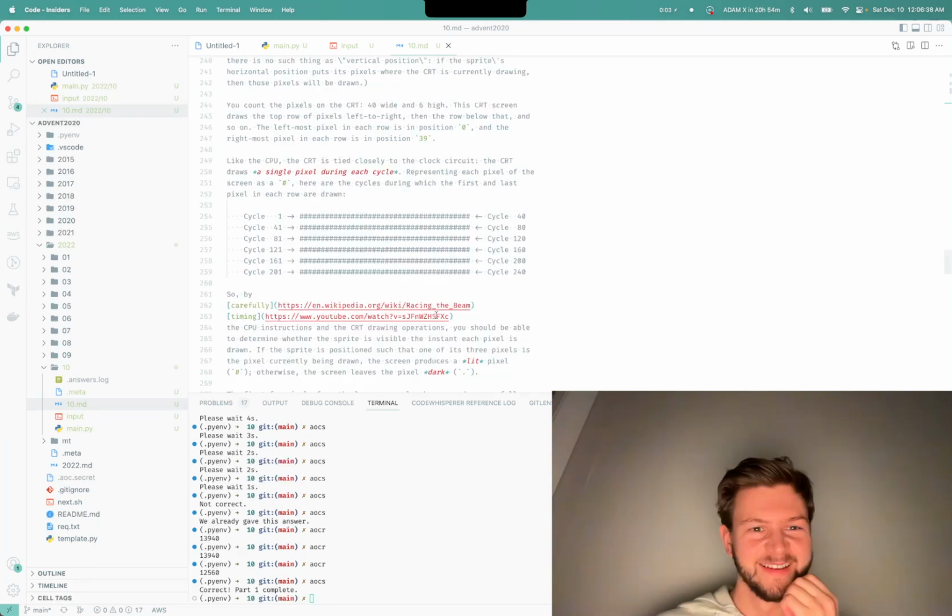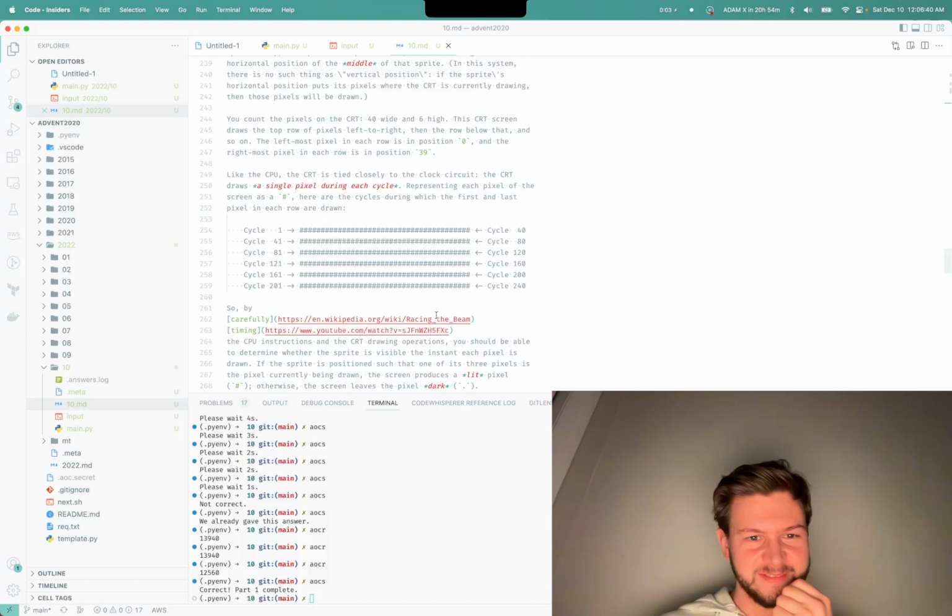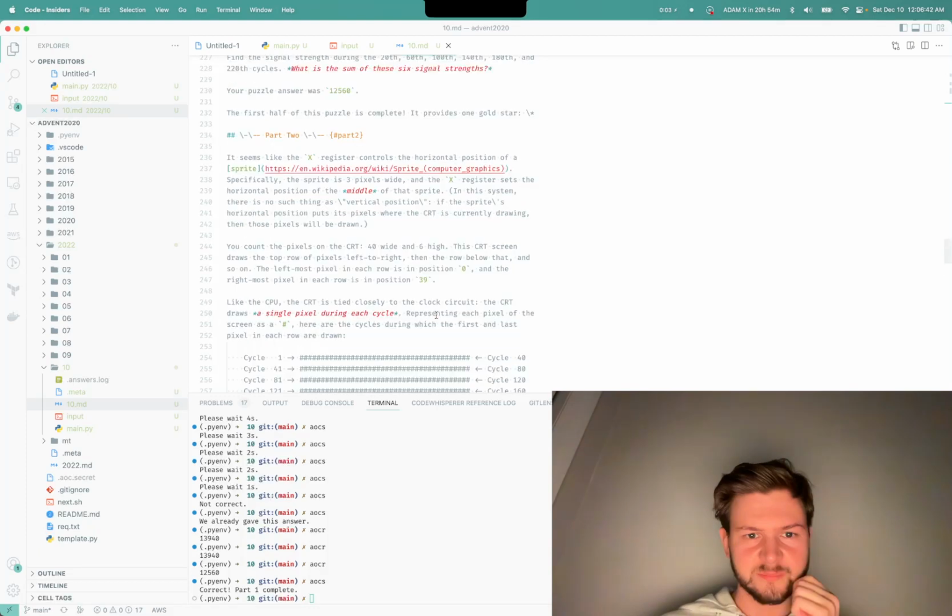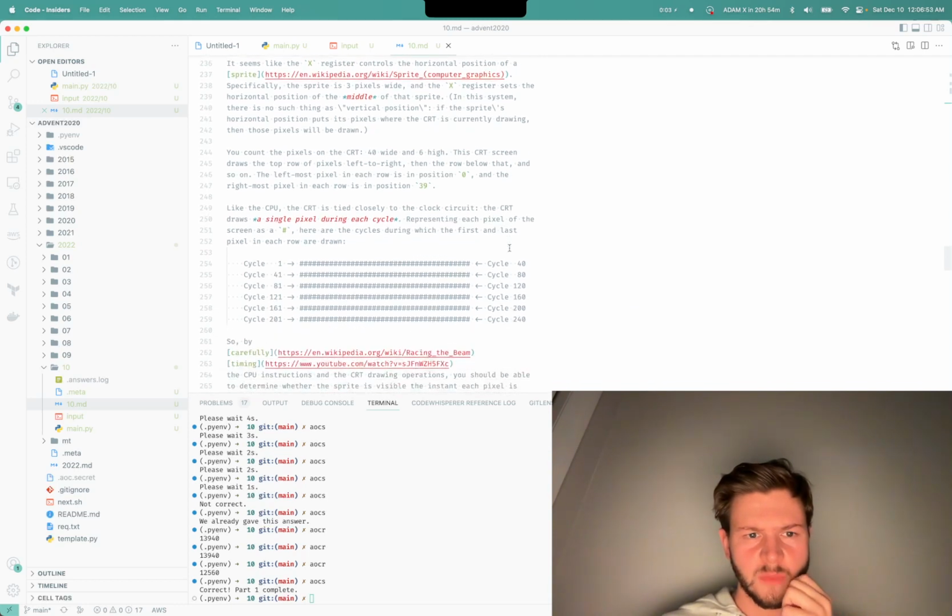What? Count the pixels of the CRT, 40 by 6. The CRT draws the top row of pixels left to right. And okay.